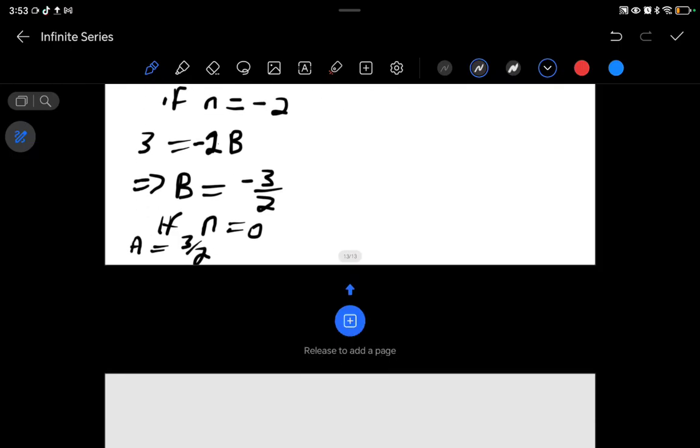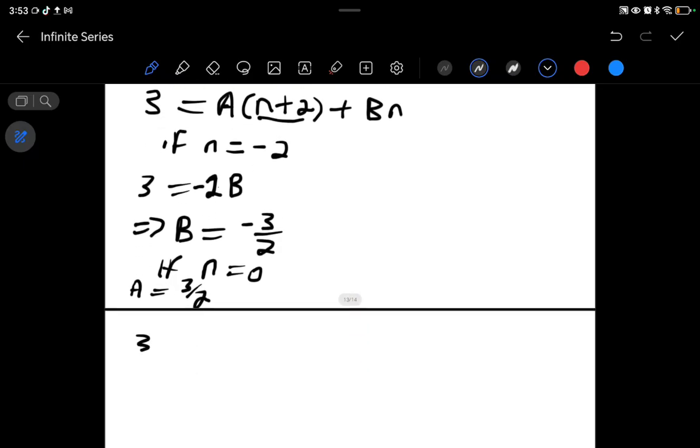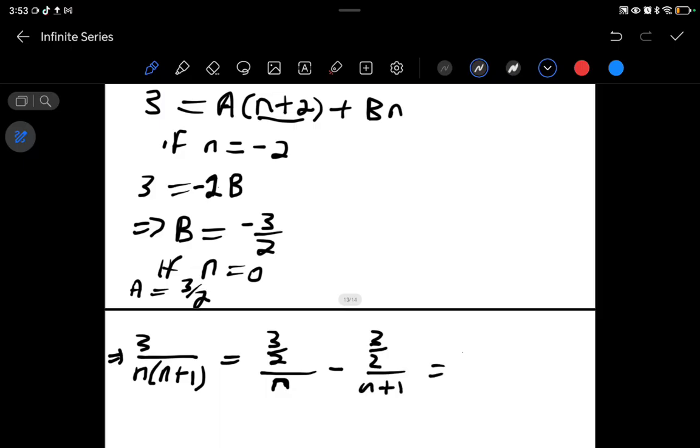And now we know that this would imply that 3 over n plus 1 would be equal to 3 over 2 over n minus 3 over 2 over n plus 1. And this would be the same thing as 3 over 2 times 1 over n minus 1 over n plus 1. You see, right? Then this would be the same thing.